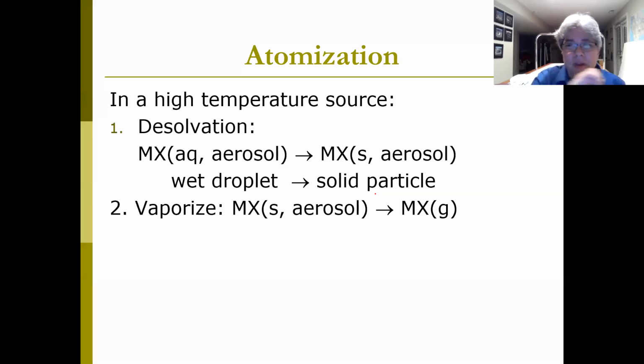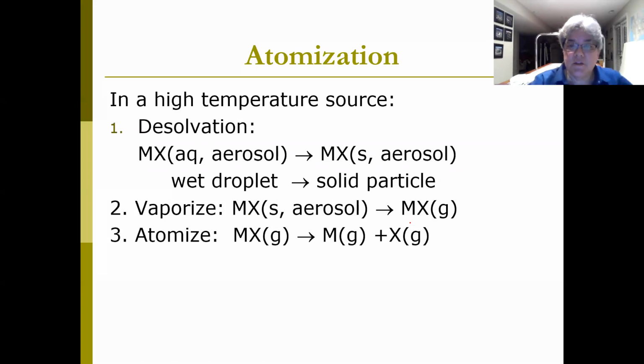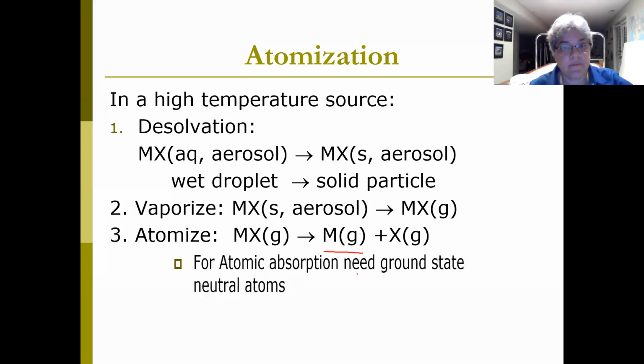Now this happens very quickly, these steps happen much quicker than I can explain them. All right, once you have the solid particle, then you need to turn that into the gas phase. And then the next thing is you need to break that apart and atomize this so that we get this single atom, free atom, in the gas phase.